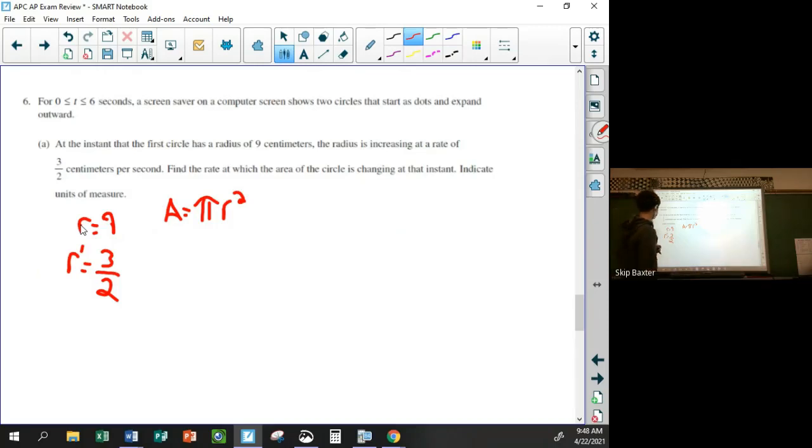A prime equals pi times 2 times r times r prime, equals 2 pi times 9 times 3 over 2. And then these cancel out. So a prime equals 27 pi.